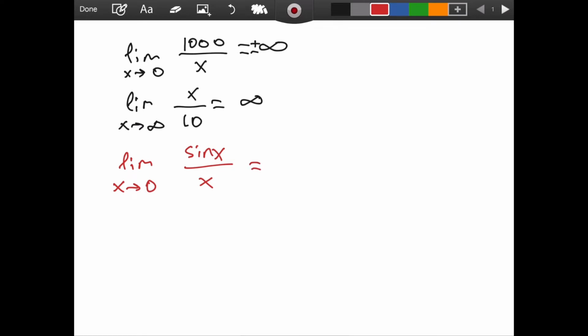So, if we have x approaching 0 and we have sine of x divided by x, well, sine of 0 is 0, and if we substitute 0 for x, we get 0 over 0. What is this? I mean, we are dividing a small number by a small number. Do we get infinity? Do we get 0? Do we get a finite number, perhaps 1, 2, 3? What do we get? Now, in this case, we will need L'Hopital's rule to be able to evaluate this limit.